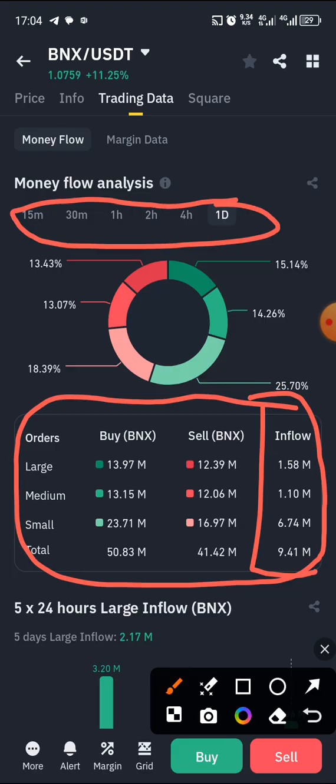Like in one day, it is showing you that the total amount of people buying is $50.83 million. And the amount of those selling is $41.42 million, meaning that the buyers are more than the sellers of this rate, $9.41 million. So this is the inflow.